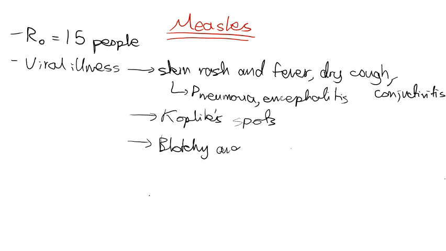In addition to these Koplik spots, in terms of the rash, we get a blotchy and red skin rash. And the interesting thing about this rash is that it presents in what we call a shower rash morphology. So if I very crudely draw a person here, and I apologize for how this person is drawn.